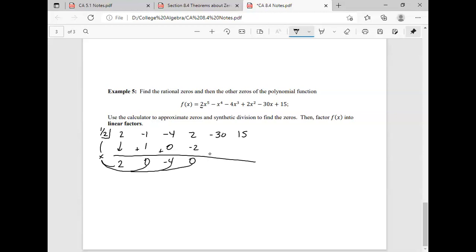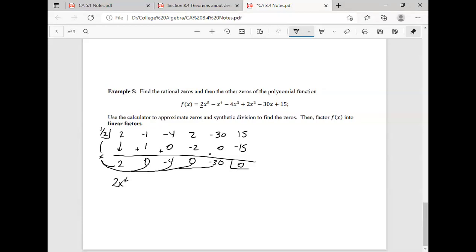negative 4 times 1/2 is negative 2. And add that, 0 times 1/2 is 0. And negative 30 times 1/2 is negative 15. And if 1/2 is a root, then I should get 0 as a remainder there. Okay, so it is. I started out with x to the 5th, so this would be 1 less than that.